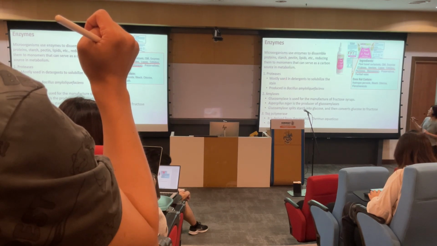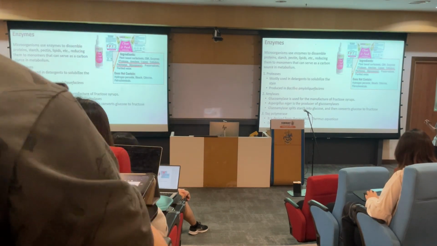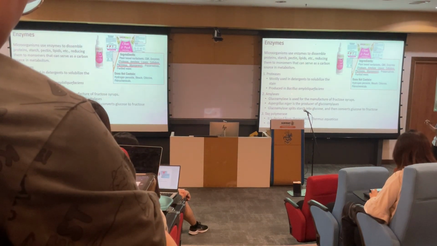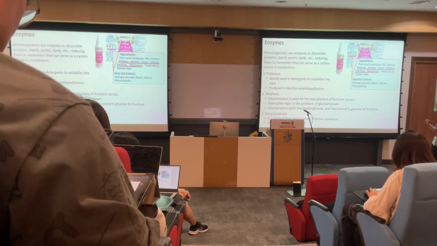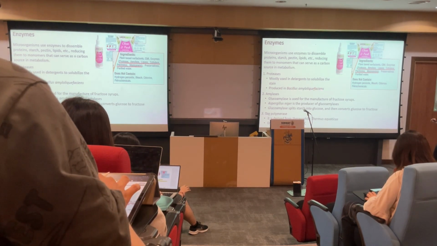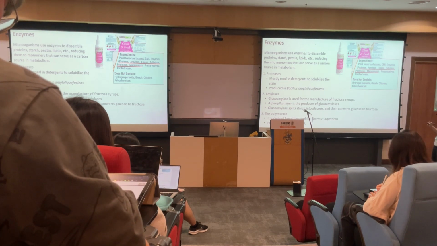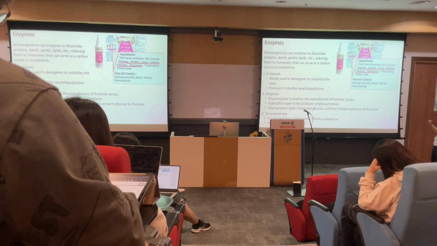Enzyme is used to remove the stain. Protease is used in detergents mostly because stains mainly come from protein, from food. And this uses a Bacillus species, Bacillus amyloliquefaciens. Amylase is another one, used more to make fructose syrup.